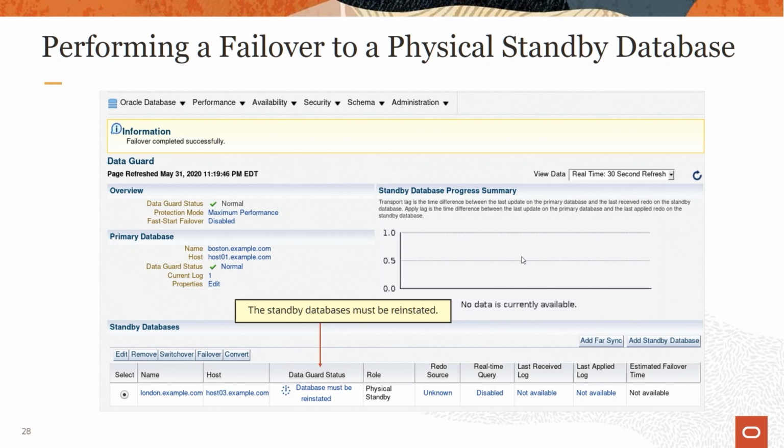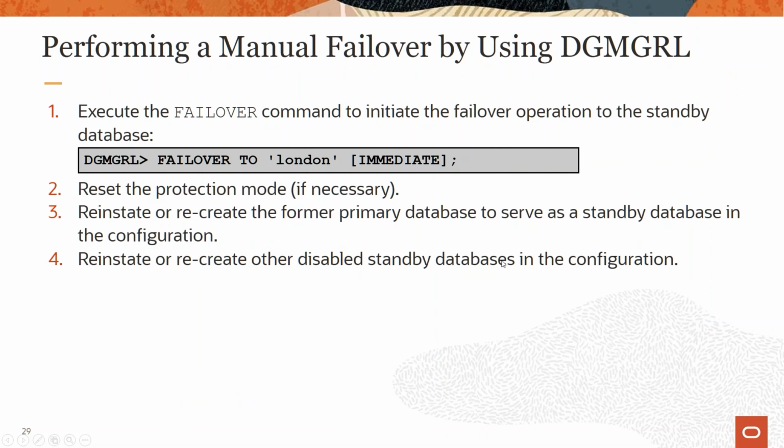If you want to perform a failover operation in the Data Guard broker command line interface, you type failover to the standby database that will become the new primary, with or without the immediate option.